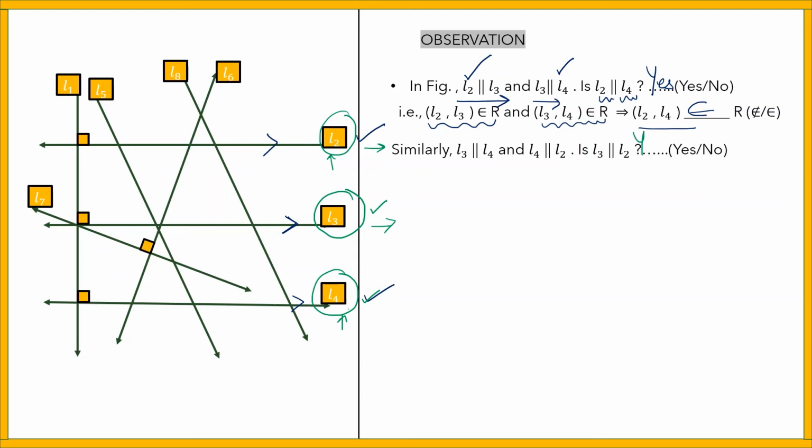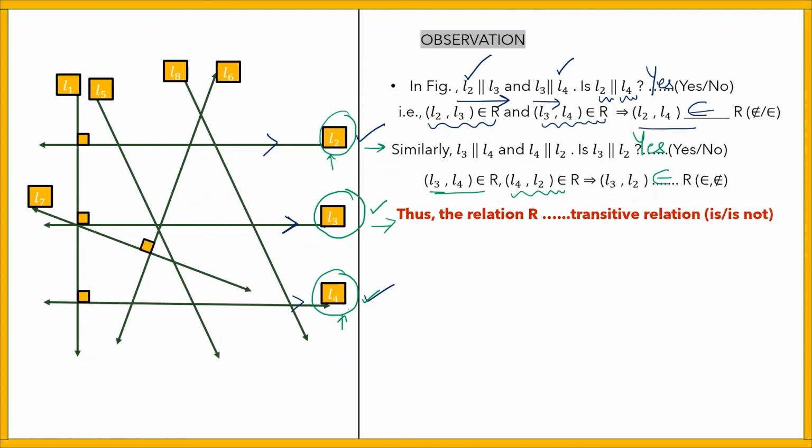Yes, these two are also parallel. So we can say L3 is related to L4. Further, L4 is related to L2. This implies L3 and L2 are related.